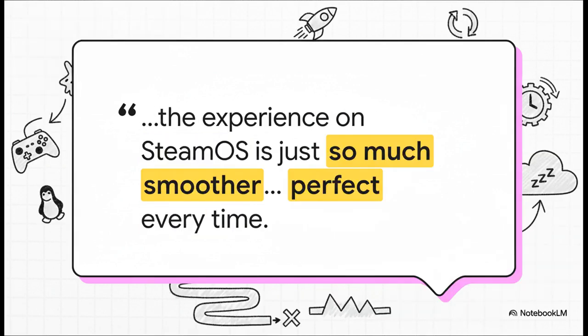Yikes. But then, on the flip side, you get this. Here's a user talking about SteamOS, which is built on Linux. They describe the experience as so much smoother and say that features like sleep mode are perfect every time, which was definitely not what they were getting on Windows.